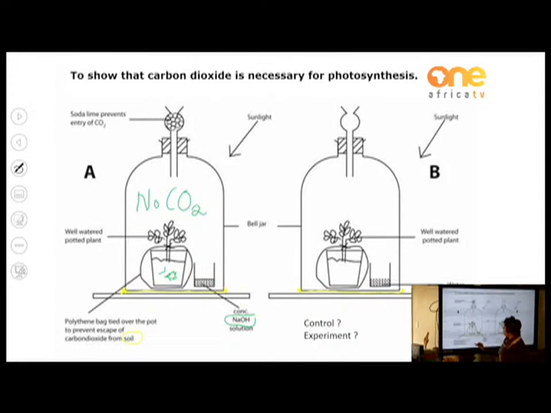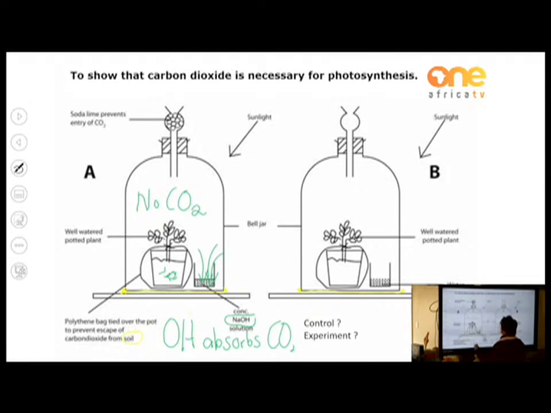Because all hydroxides absorb carbon dioxide. So even if there was any carbon dioxide in this air, it would have been absorbed.